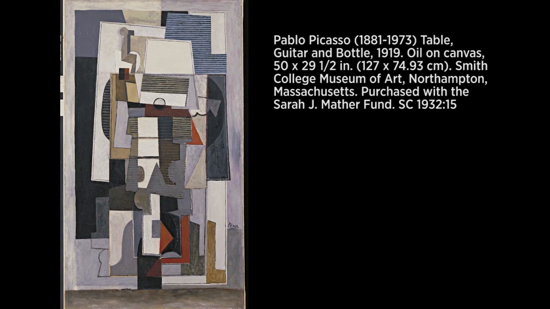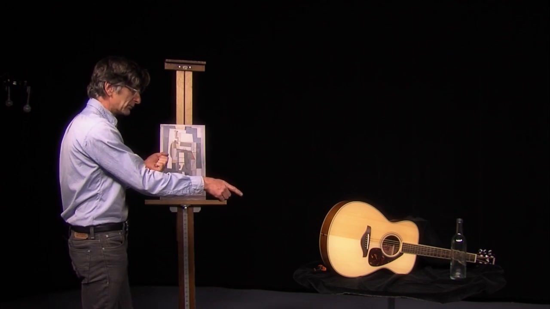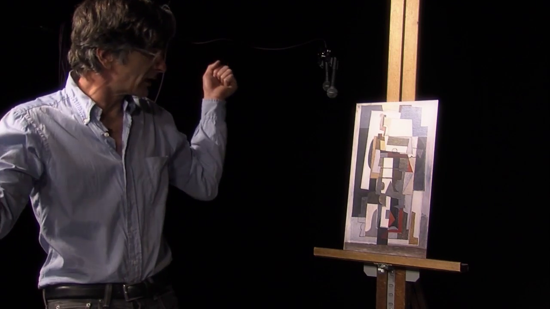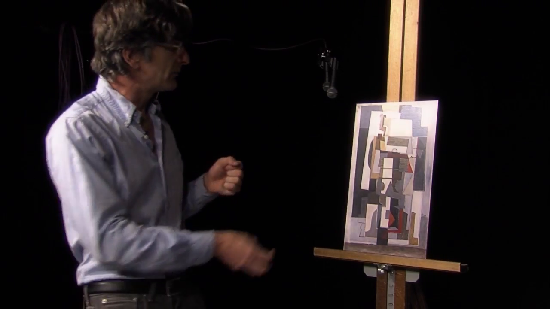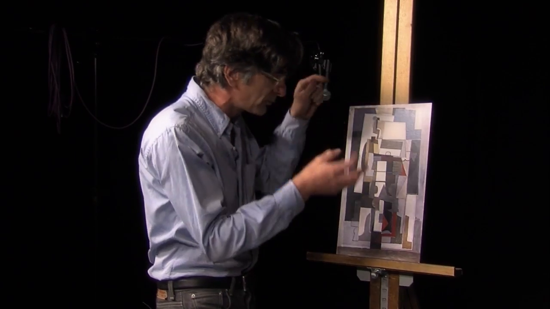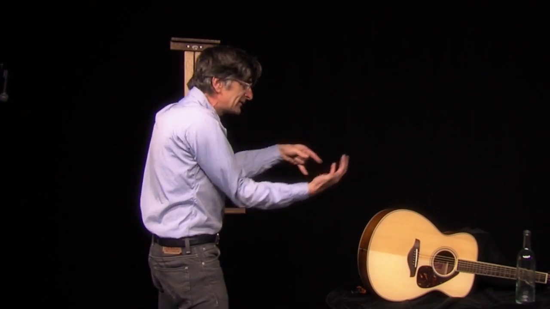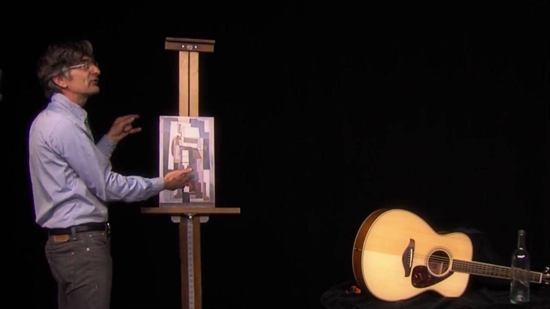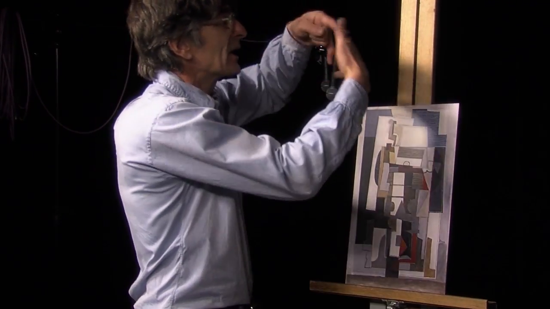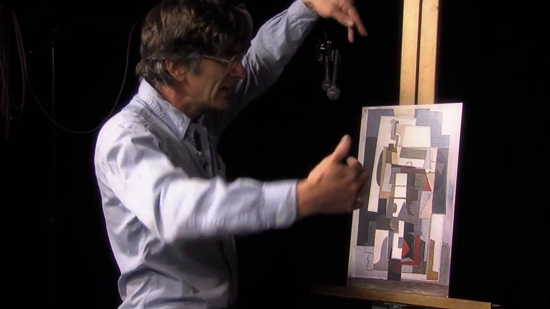It's entitled, of all things, Table, Guitar, and Bottle. It's this incredible tour de force of visual rhyming, of taking very, very different things and enforcing, orchestrating, inventing a wonderful, coherent visual poem that wraps all those things together.